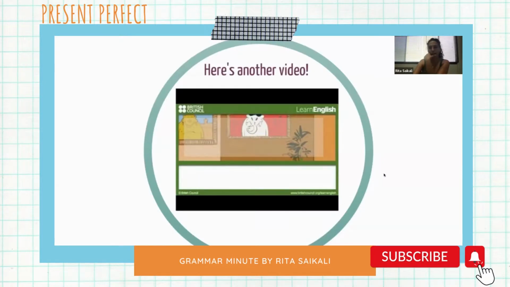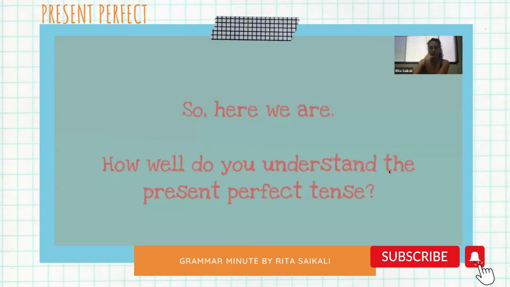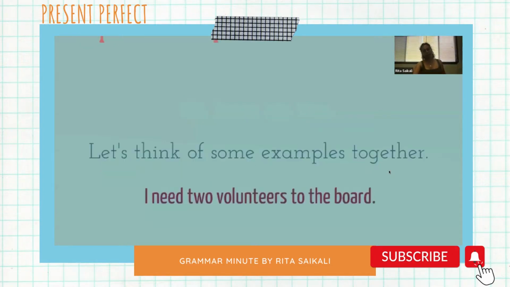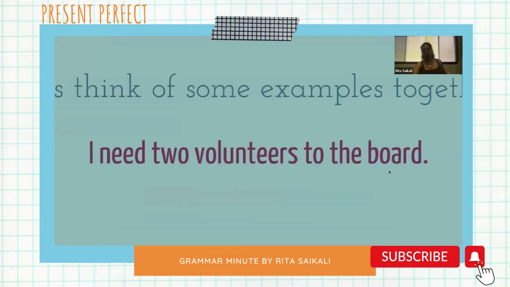We're not watching a video, but all right. So let's see how well you understand the present perfect. Should we do 2 volunteers? Okay. Anyone want to volunteer to the board? No?